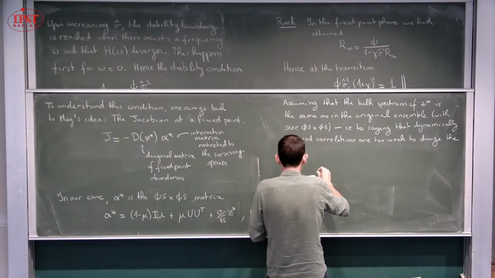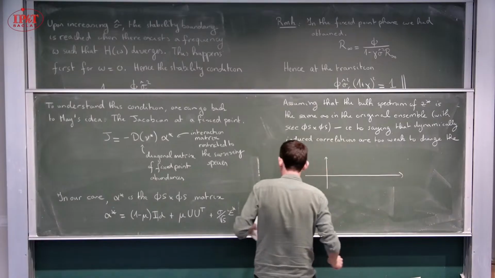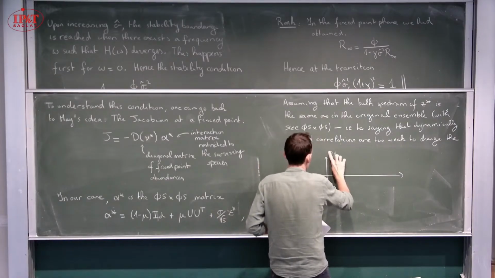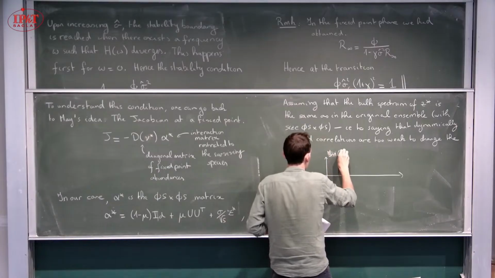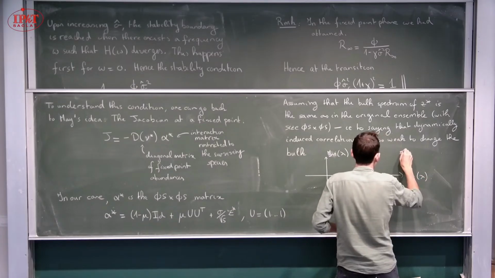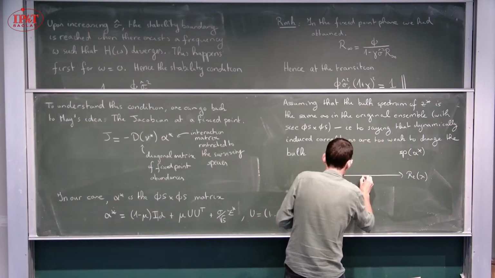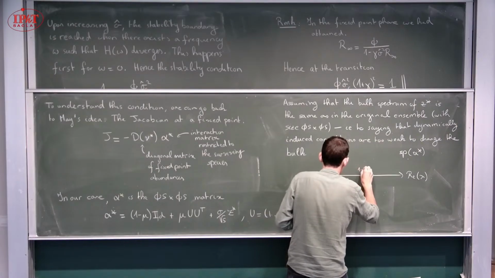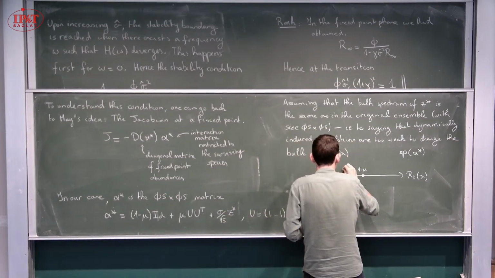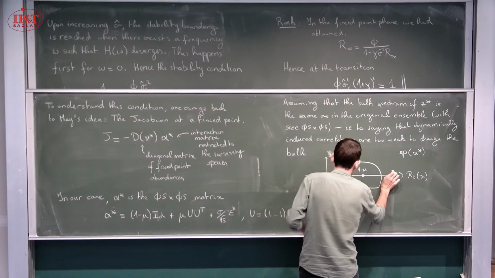So now if I do that, and I look at the spectrum of alpha star, in the complex plane, I have this diagonal component at 1 minus mu, and outside I have an instance of the elliptic ensemble.